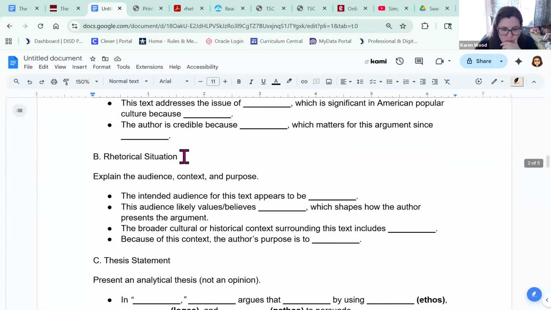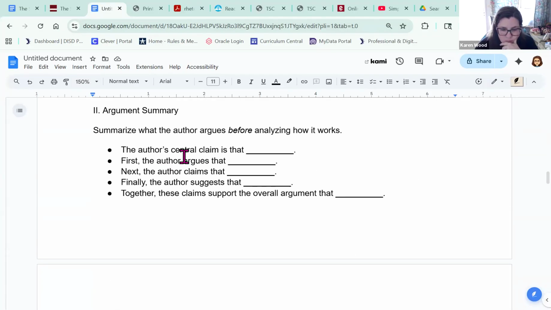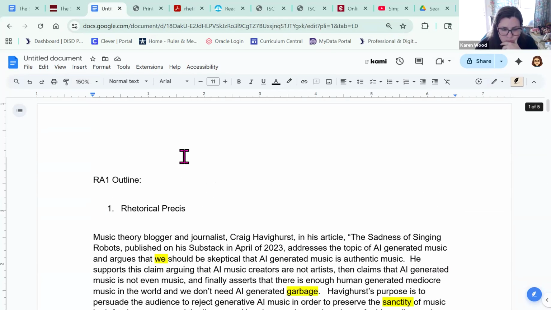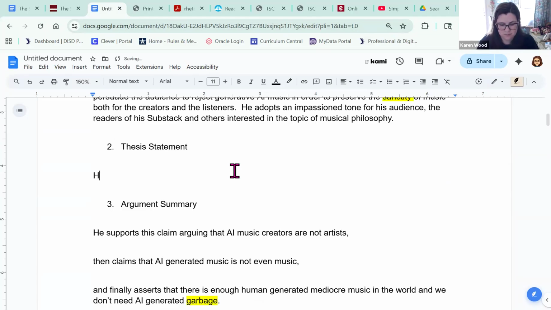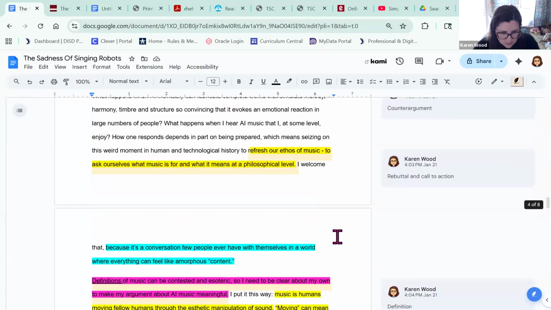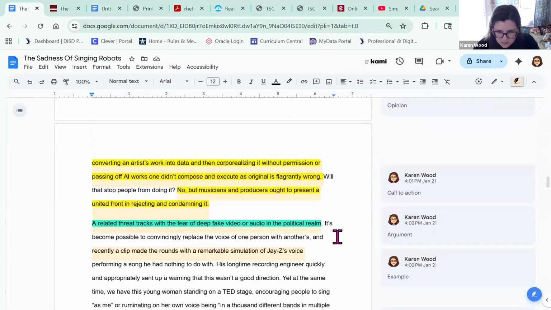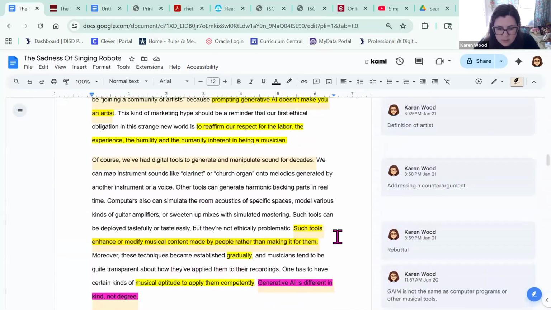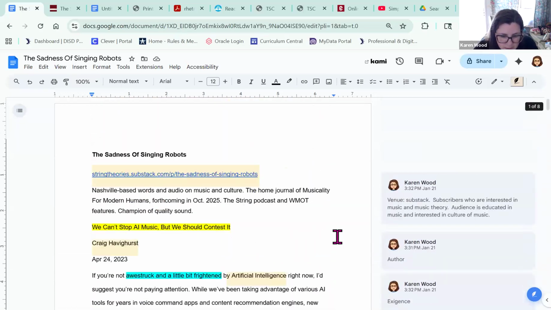Okay, let's see. Haviger's claim is that, I think he's just talking to, like, he says the word we, and he uses the collective: one must argue, one must wonder.